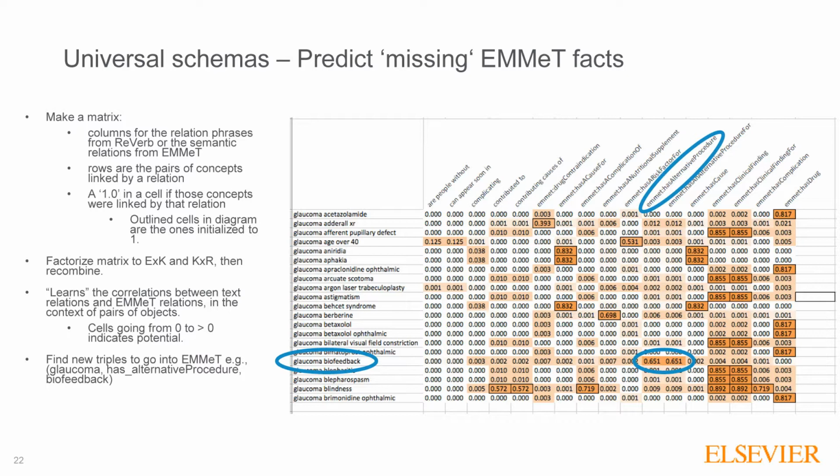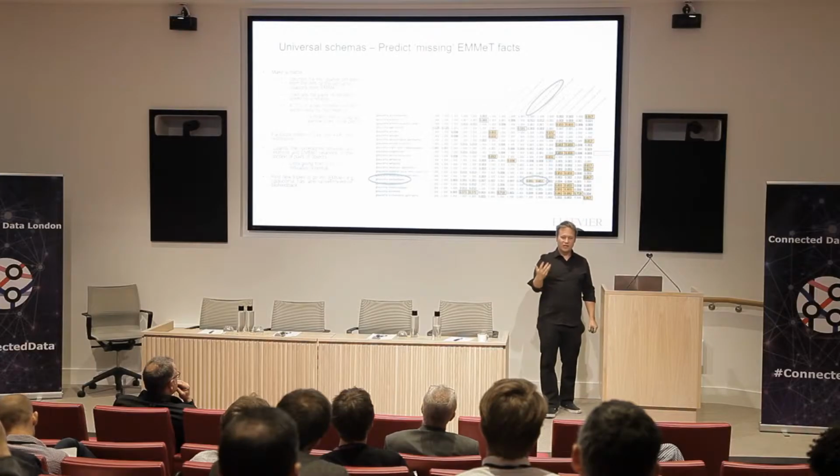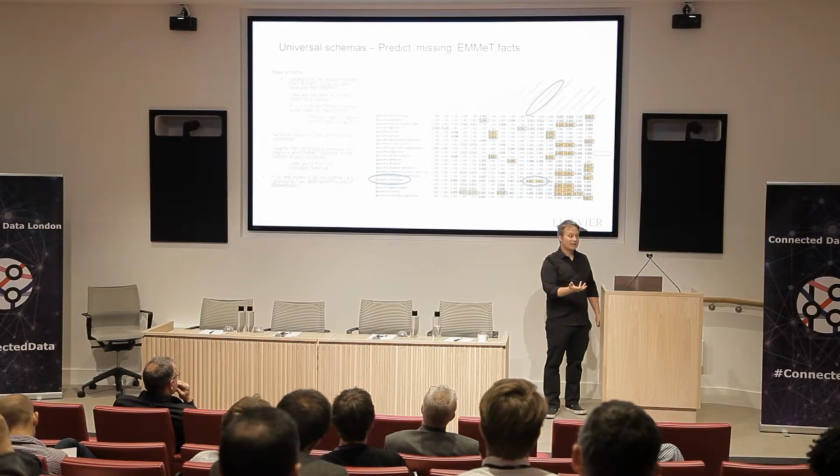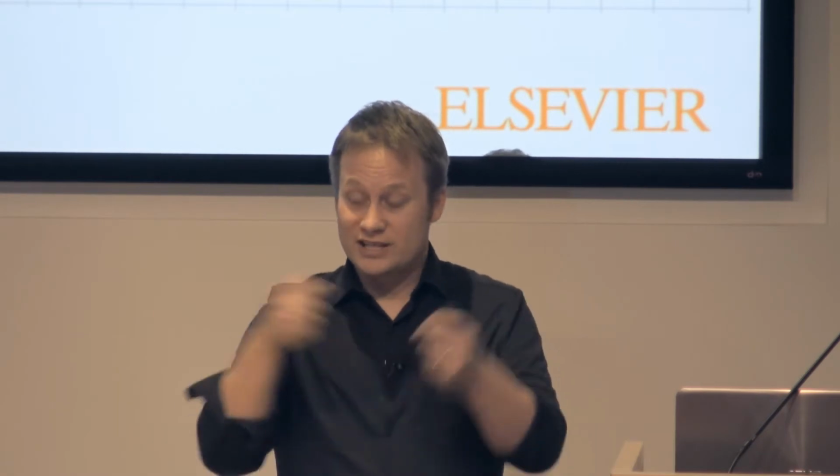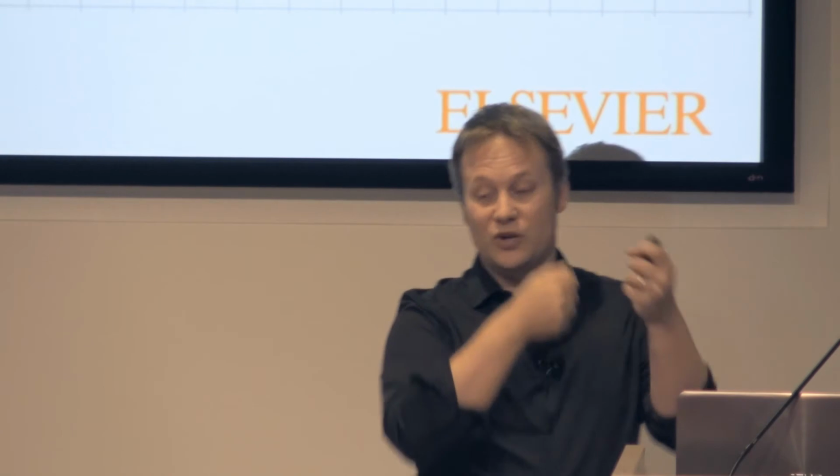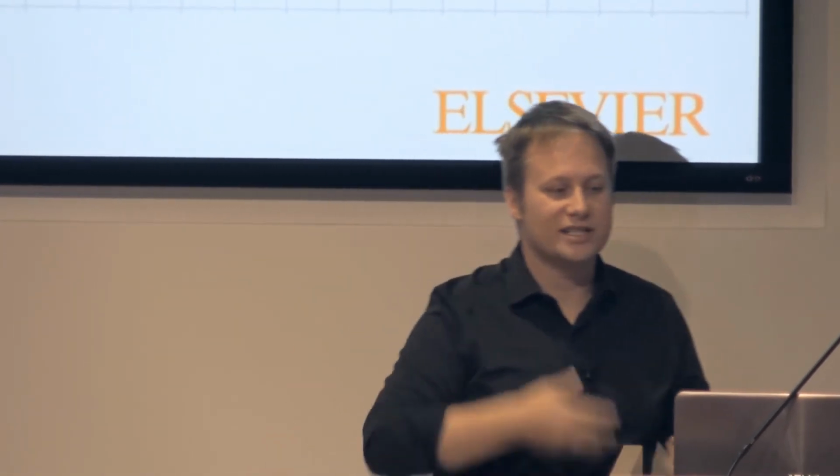So this is a way we can suggest new relations to be added, right? New relations that are already defined within our knowledge graph, we can suggest those, but we can also suggest completely new relations that our curator should add to the knowledge graph.